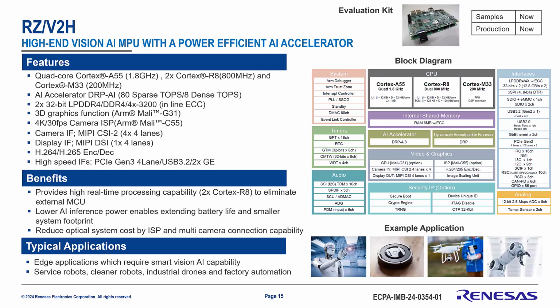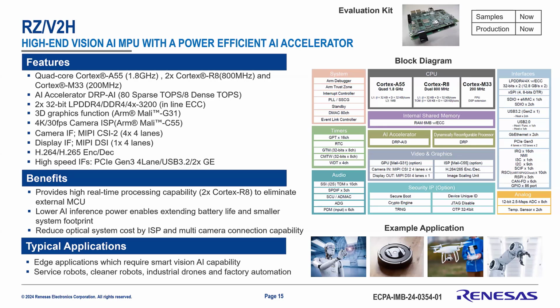This device has a quad-core A55 at 1.8 gigahertz, so it's faster than the V2L. It also features 2 Cortex-R8s running at 800 megahertz for motor control applications. And then it also has the M33 subcore for housekeeping.